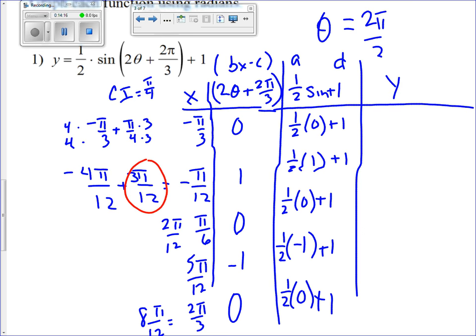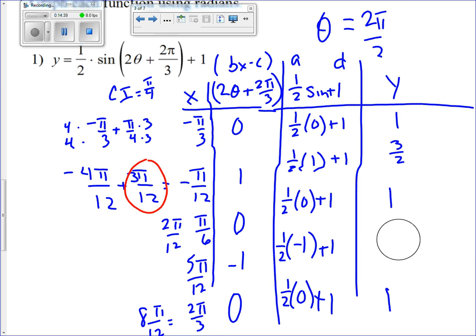And our final answers will be our y values. So 1/2 of 0 is 0 plus 1 is 1, and that will be in those 3 places. Half of 1 is 1/2 plus 1 is 3/2.